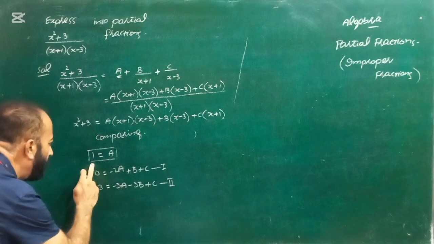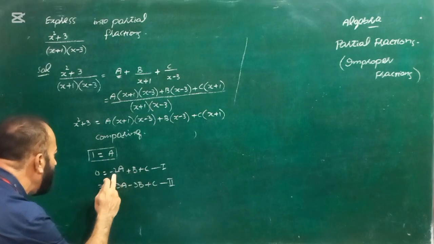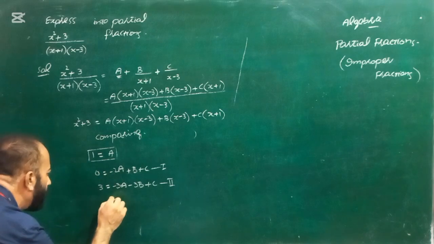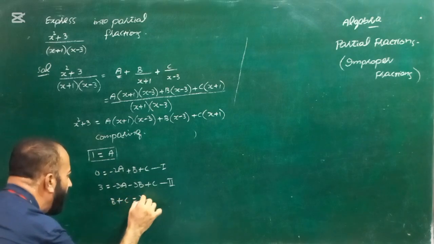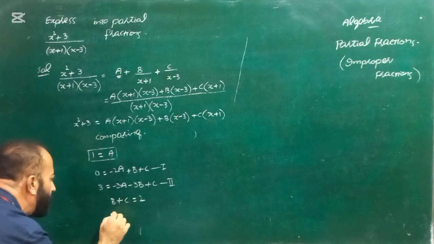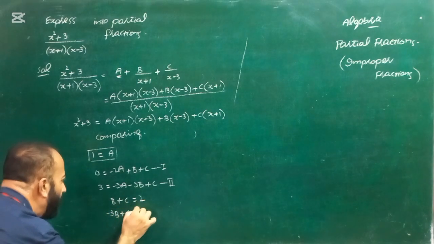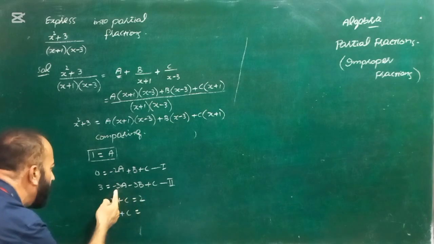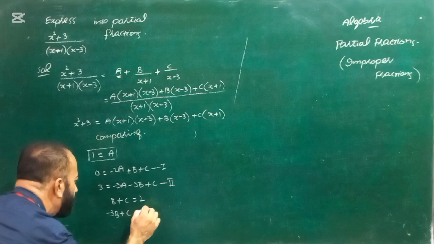Putting the value of A into these equations, B plus C will be equal to 2 and minus 3B plus C will be equal to minus 3 will come here plus 3, so 6.